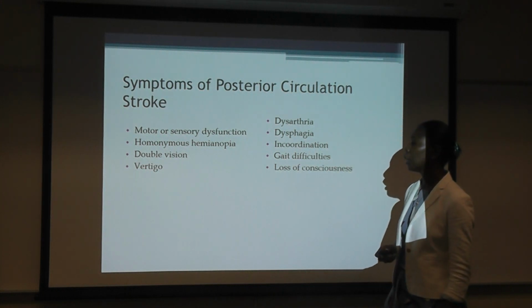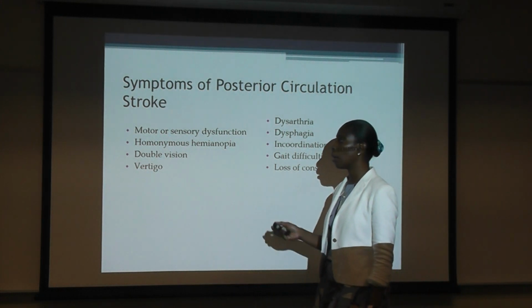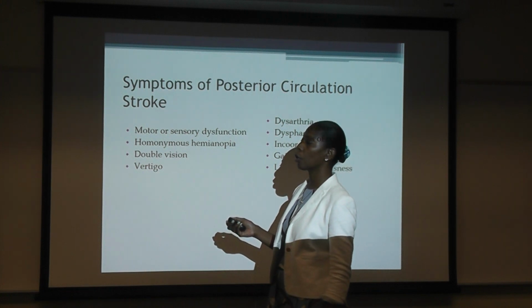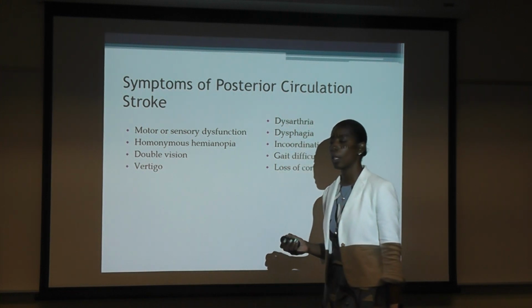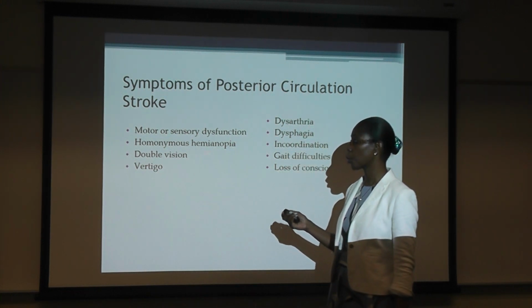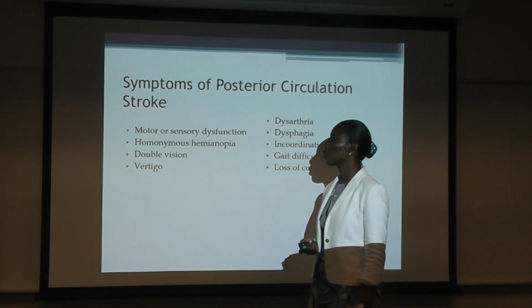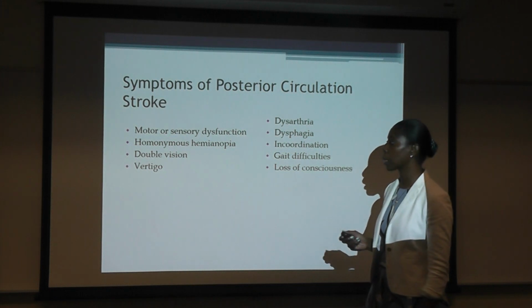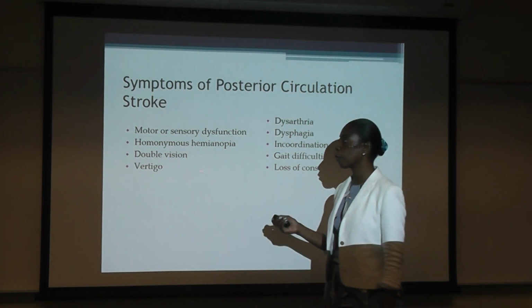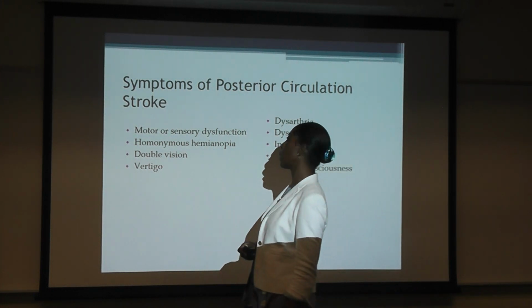Posterior circulation, you can actually have a posterior cerebral artery stroke, because part of the posterior artery can feed parts of the occipital lobe, so you can have a homonymous hemianopsia, double vision from the brainstem, vertigo from the brainstem.